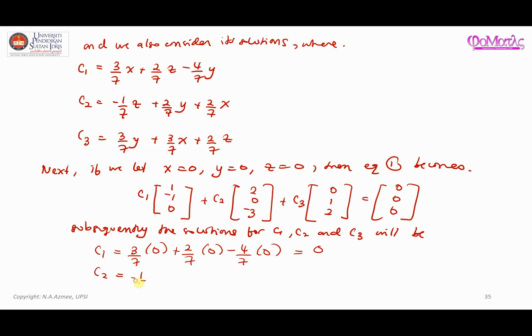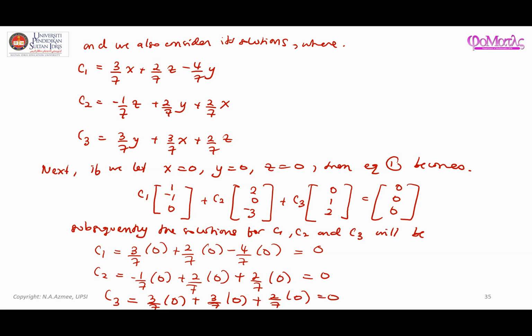C2 will be negative 1 over 7 times 0 plus 2 over 7 times 0 plus 2 over 7 times 0, and this is equal to 0 as well. And the solution for C3 is 3 over 7 times 0 plus 3 over 7 times 0 plus 2 over 7 times 0, which is equal to 0. Since I'm running out of space, I'm just going to give a statement of what all this means. This is clearly a trivial solution, so we get everything 0.